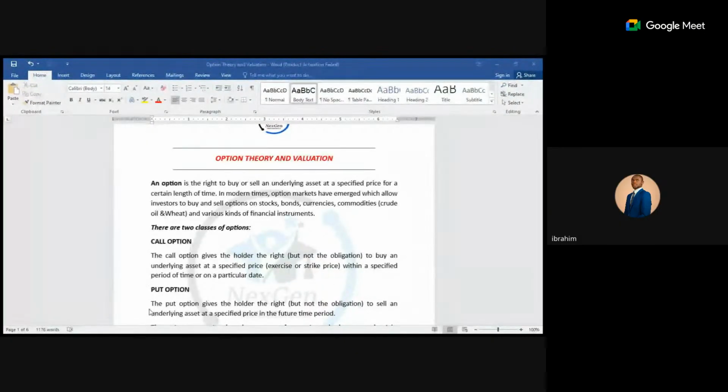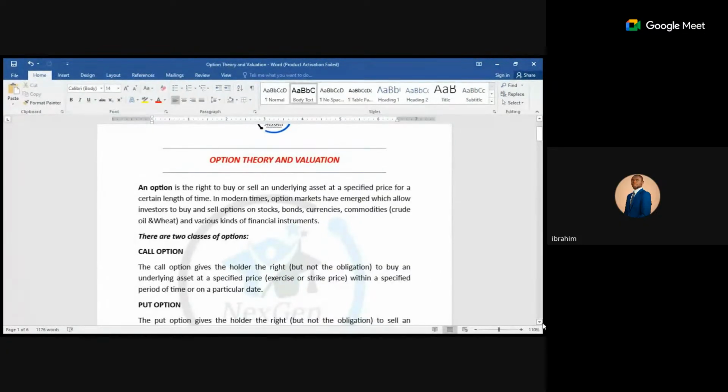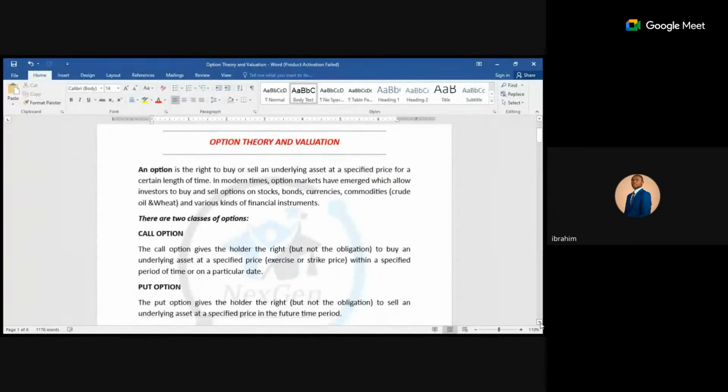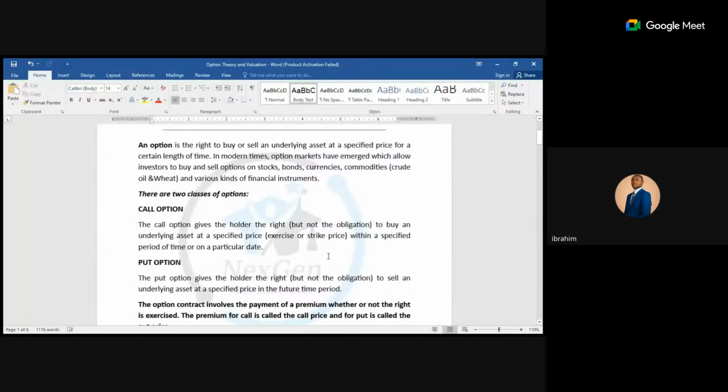An option gives the right to buy or sell an underlying asset at a specified price for a specific period of time. And these underlying assets could be bonds, shares, commodities, and all various kinds of financial instruments.